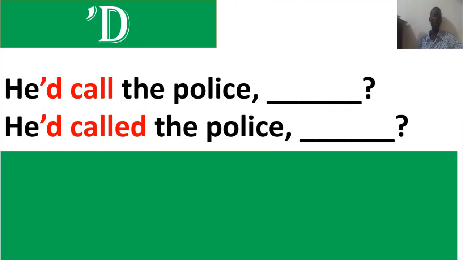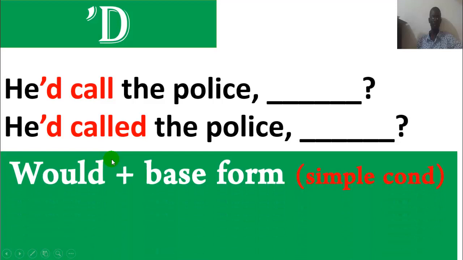When you have apostrophe D, it can mean two things. He'd called the police, he'd called the police. Regardez ici l'apostrophe D, l'apostrophe D. Qu'est-ce que cela peut signifier? Soit, c'est le simple conditional. Le simple conditional est formé comment? Would plus la forme de base. So when it is simple conditional, it is would plus base form.